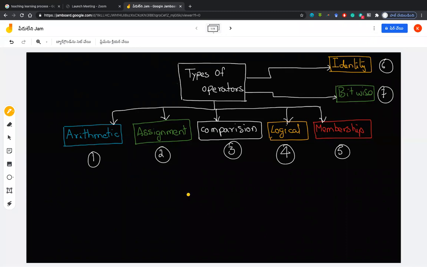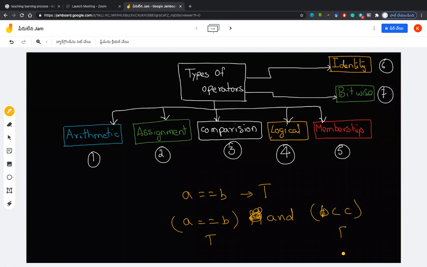Earlier, we were checking whether A is equal to B in comparison, and you get only one value, either true or false. But in logical, we are actually checking two conditions. The symbol for and in C is different; in Python, you write and like this: A equal to B and B less than C. Each might return either true or false.